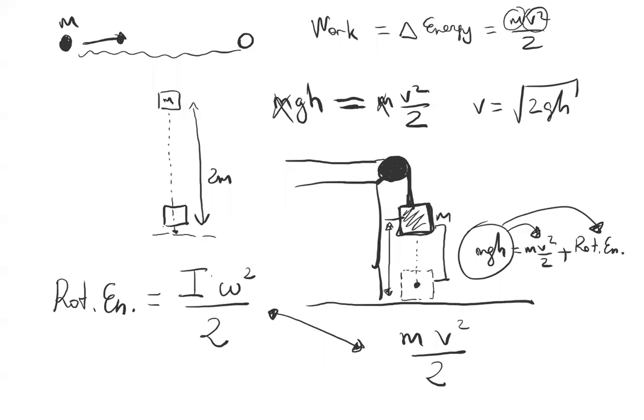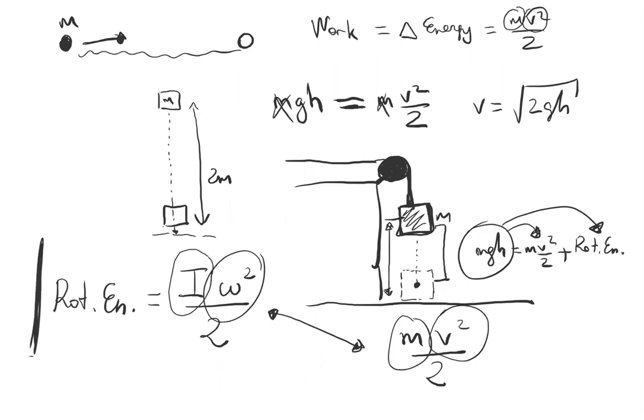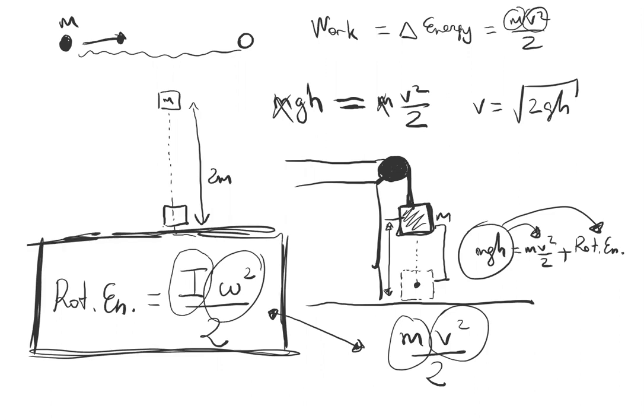We know that the moment of inertia is kind of like mass when it comes to rotations. And angular velocity is obviously the equivalent of velocity when it comes to rotations. So this is the key formula that you have to remember. The more moment of inertia a body has, the more energy it has, and the faster it spins, the more energy it has.